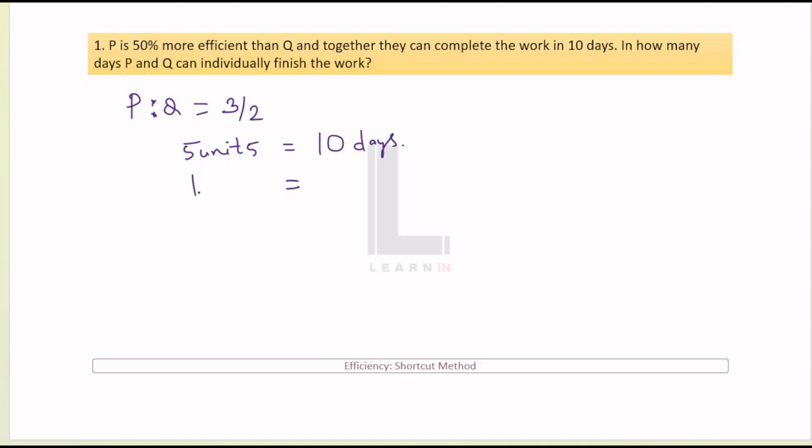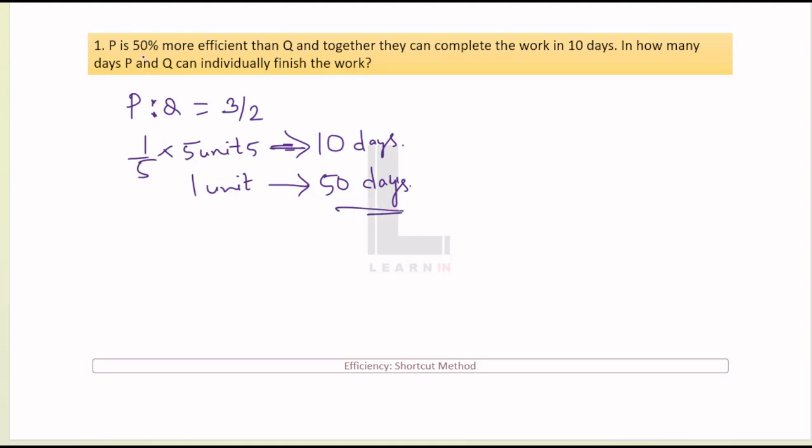So for 1 unit of work, as we had seen in the last example, when the efficiency goes low, I have just multiplied the days by 1 by 5. So I had to multiply the other entity by 10. It is not equal to 50 days now.